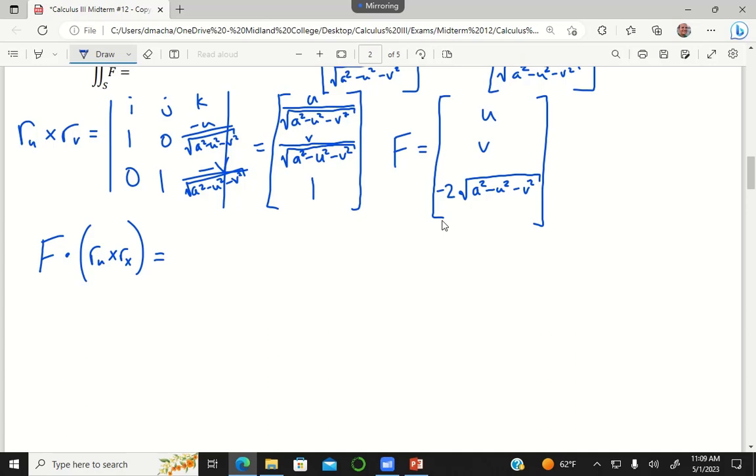And so that cross product is going to have u times u over square root all the junk. So that's going to be u squared over all that junk.